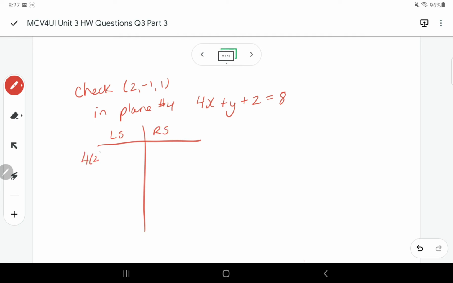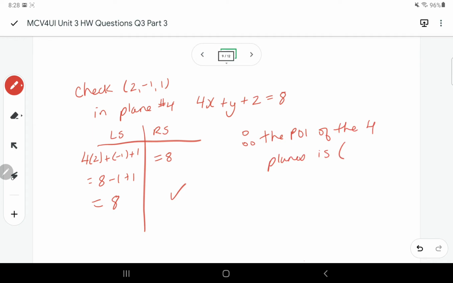So 4 times 2 plus -1 plus 1. So 8 minus 1 plus 1. And that checks out. So here we can say, therefore, the POI of the 4 planes is 2, negative 1, 1.